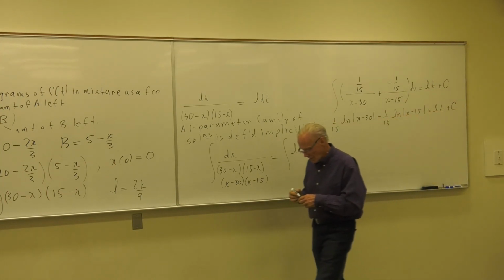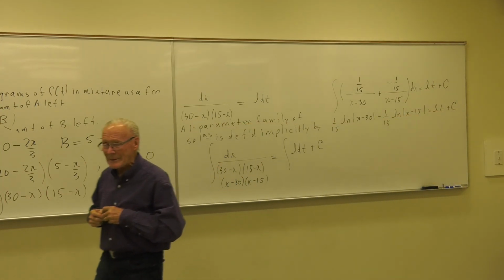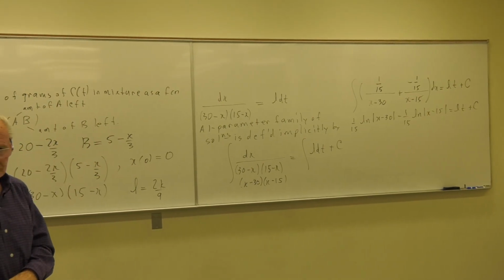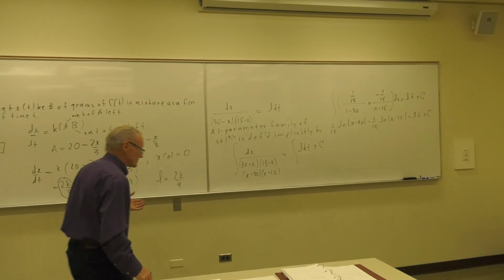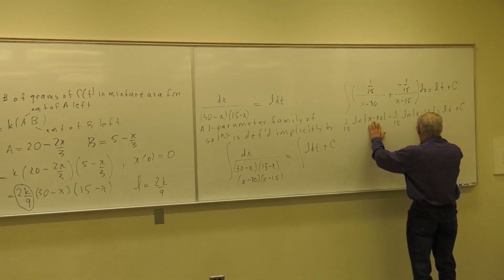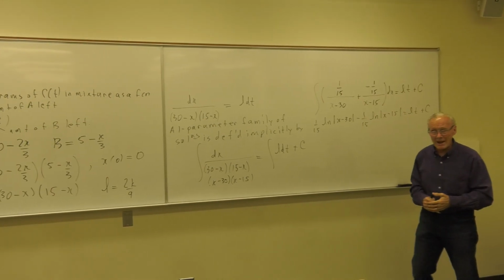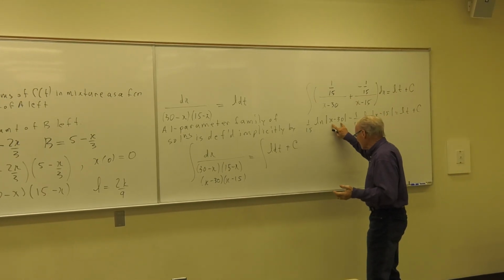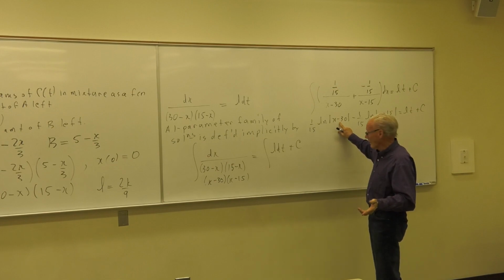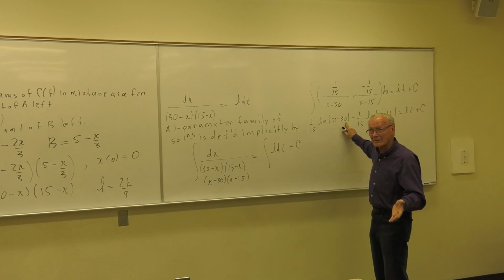Question: do I need the absolute values? First year calculus says, put them in. It says, in case this is negative, in case that is negative. Are they? Can they? And the answer is yes, definitely, because x is going to start at 0. In fact, this is always going to be negative, right?